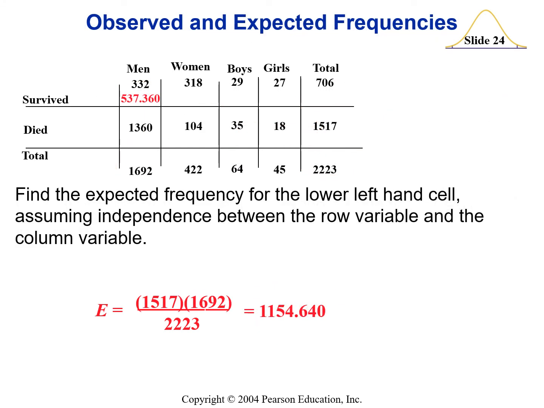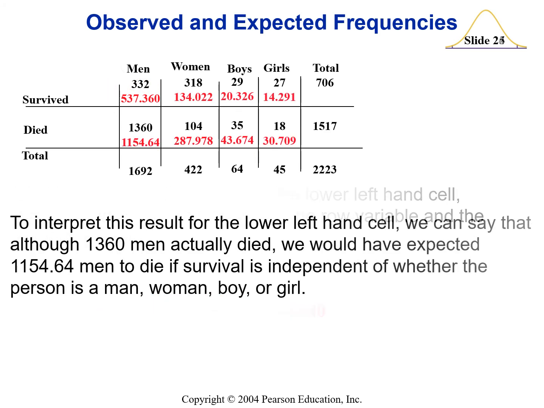Now, this is the observed, 332, and here is the expected. Expected means the expected value or expected count under the assumption of independence between the two variables. And these are the expected for all cells.